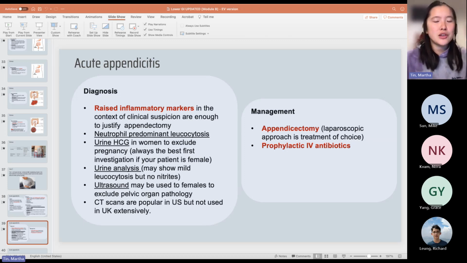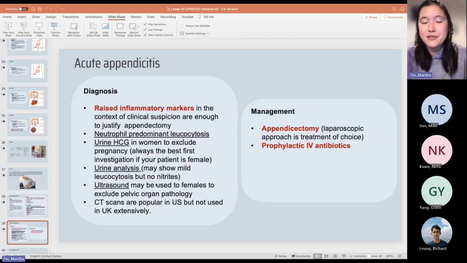And first thing you do in real life is do a pregnancy test, because you immediately want to rule out things like ectopic pregnancies, which is an emergency and you have to deal with that. And also you have things like pelvic inflammatory disease and all these other gynecological conditions which might be present and are very relevant as a differential. So that's why that's relevant.